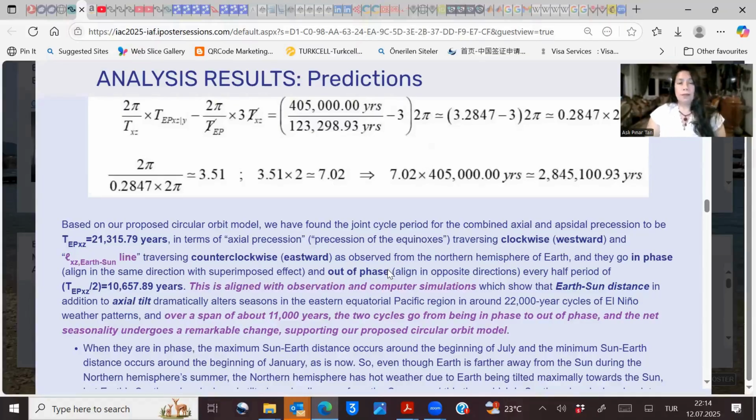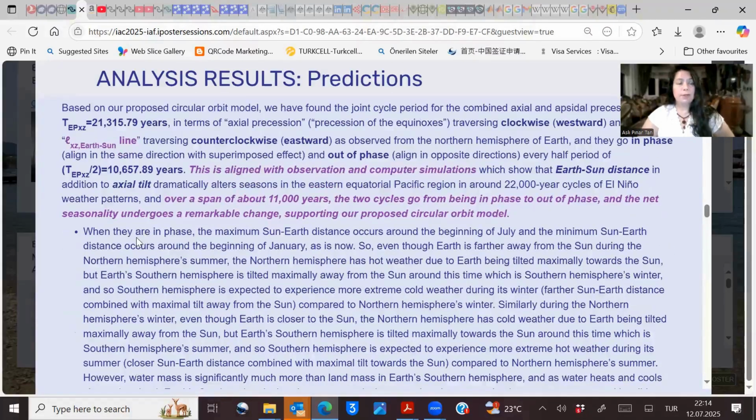So if the LXC line is in phase with the actual precession line, the June 21 date is when the Earth and the Sun are farthest from each other. But if the LXC line is out of phase with actual precession, the December 21 date is around the time when the Earth is farthest from the Sun. And this impacts climate. So when the precession of the equinoxes line and the LXC line are in phase, the maximum Sun-Earth distance occurs around June 21 as is now.